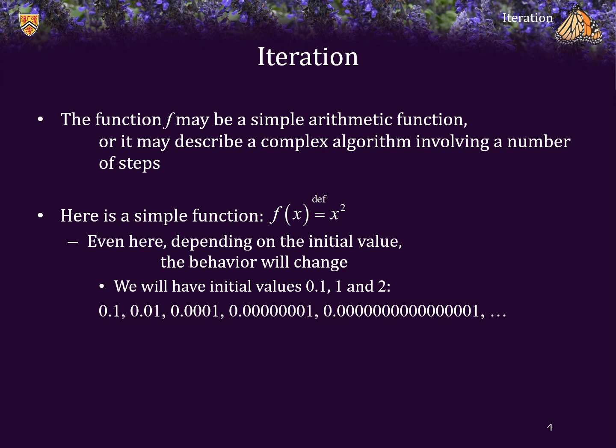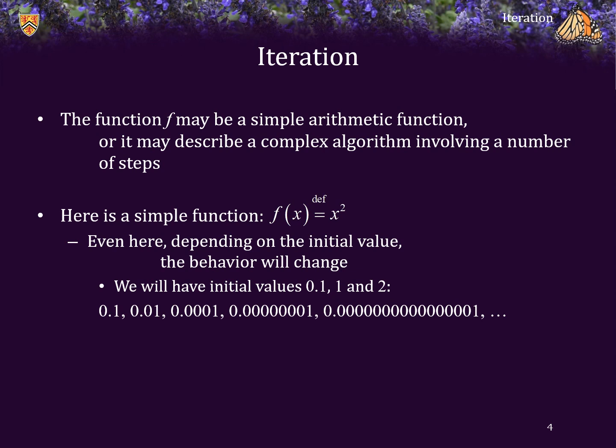Well, if we start with 0.1 and apply f to 0.1, that is squaring it, we get 0.01. If we then square 0.01, we get the next value, and squaring that value produces the next. And as you can see, this appears to get closer and closer to 0.